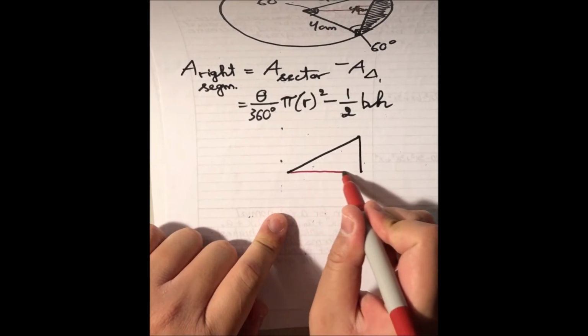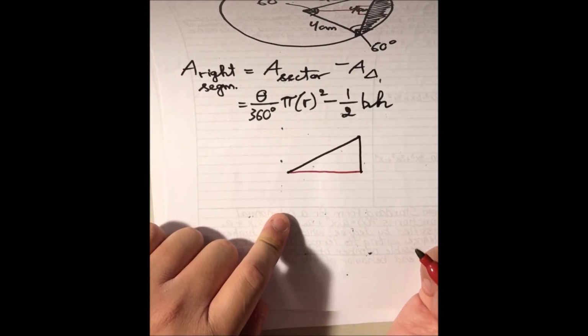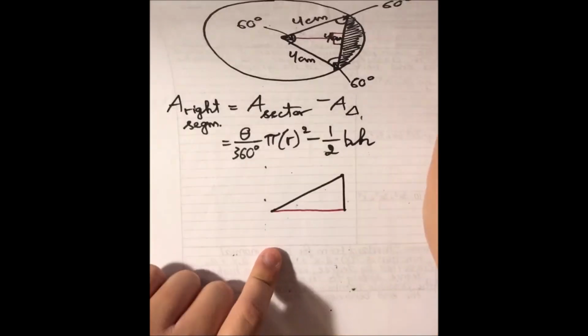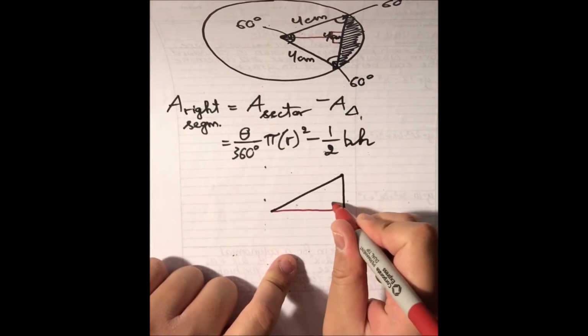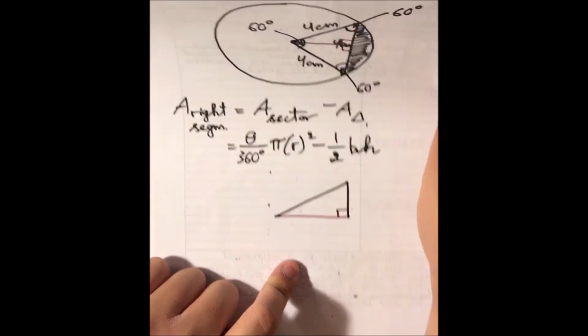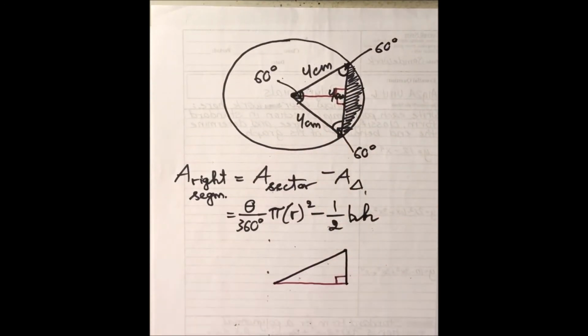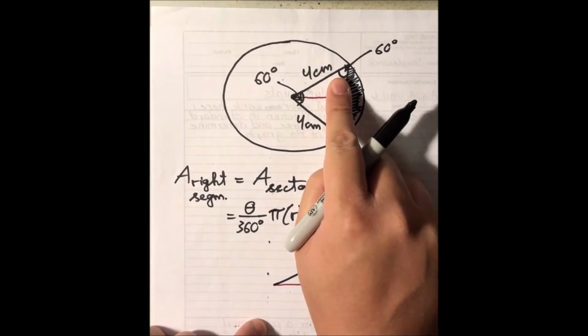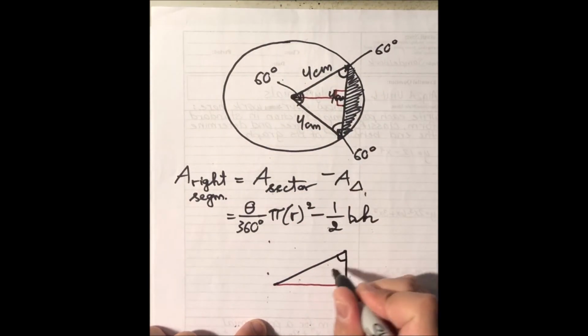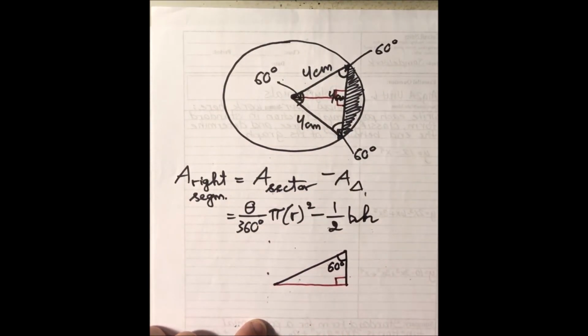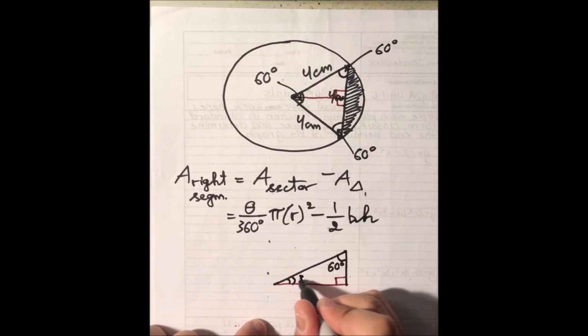And that's the apothem, aka the height of the entire triangle. This angle here is 90, right there. This angle right here, which is from this one, is 60. If this is 90, this is 60, the leftover has to be 30.